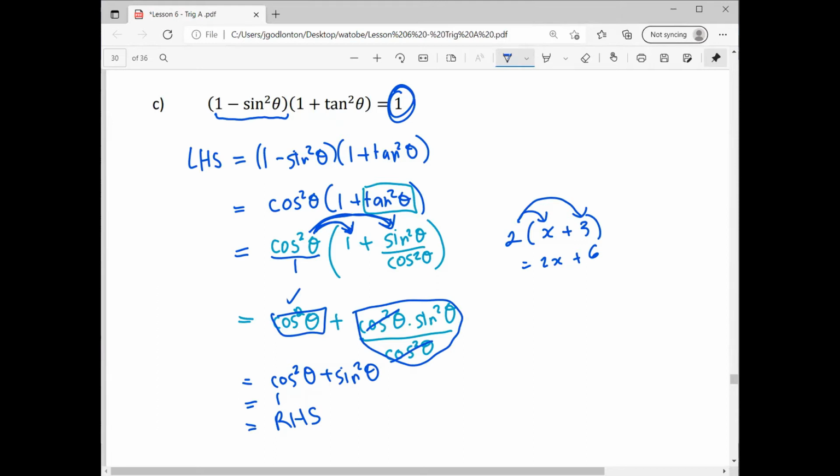When we have something that doesn't have a denominator, it would have a denominator of 1. So that would be the same as saying cos squared theta over 1 times sine squared theta over cos squared theta. And then we multiply our tops and we multiply our bottoms. Does that make a bit more sense? Yes. Okay, great. Thank you for asking.